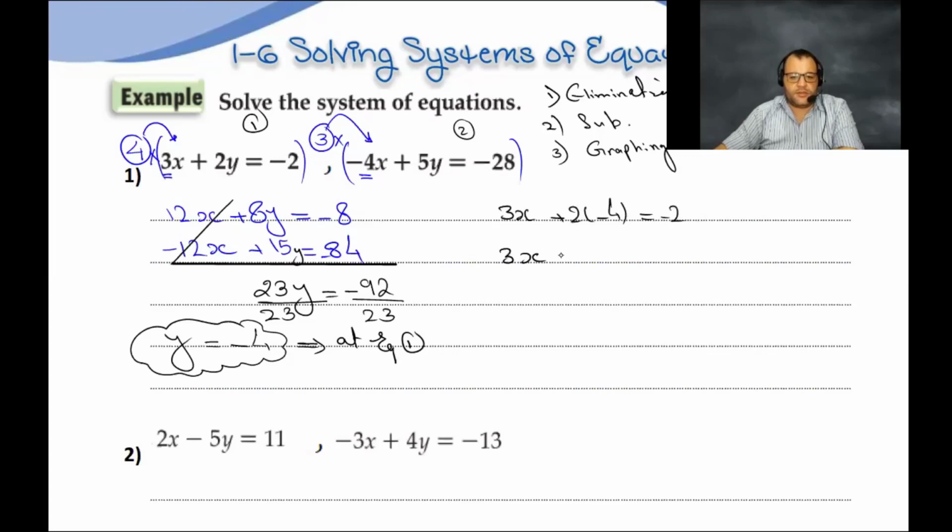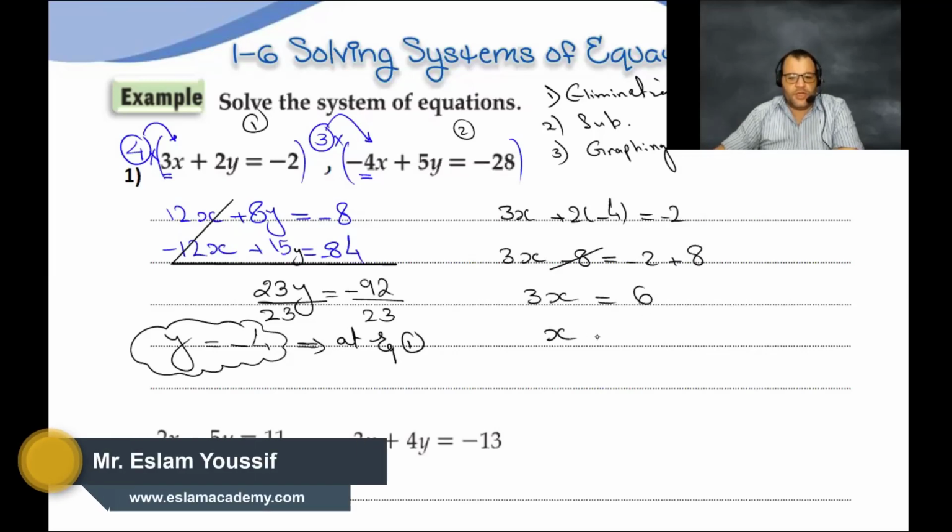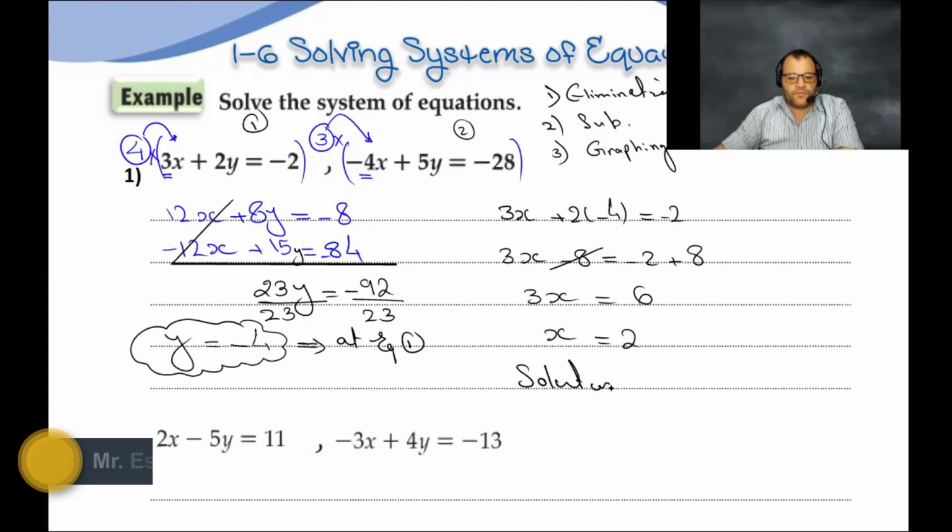Then 3x plus 2 times -4, which is -8, equals -2. Then by adding 8, 3x is equal to 6. Then x is equal to 2. So the solution now will be, because we have x and y, 2 and -4.